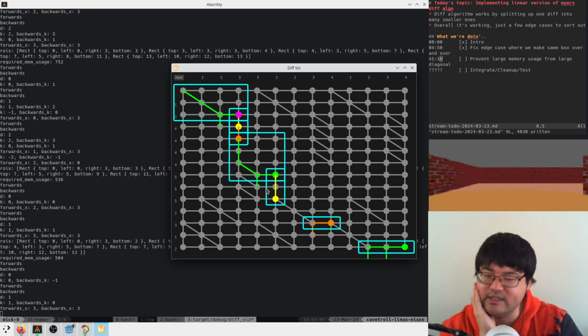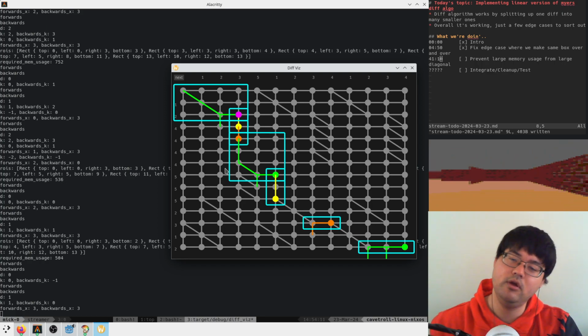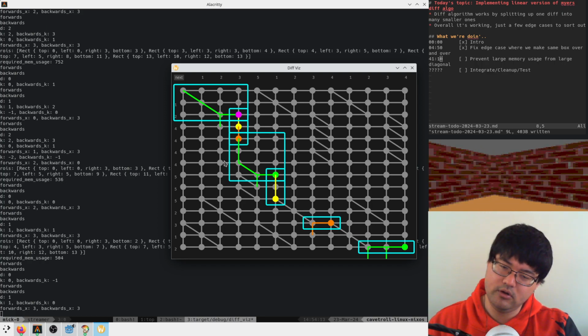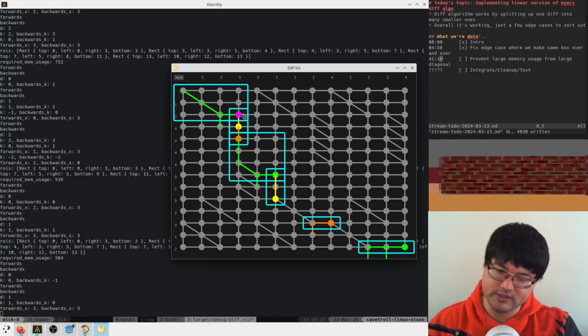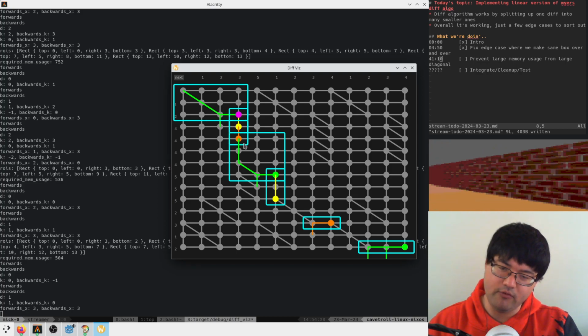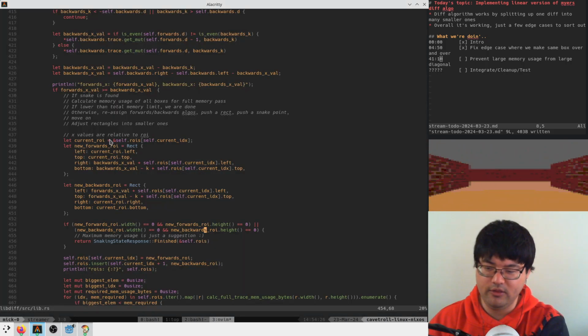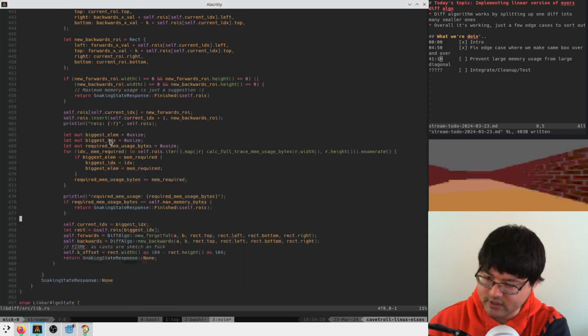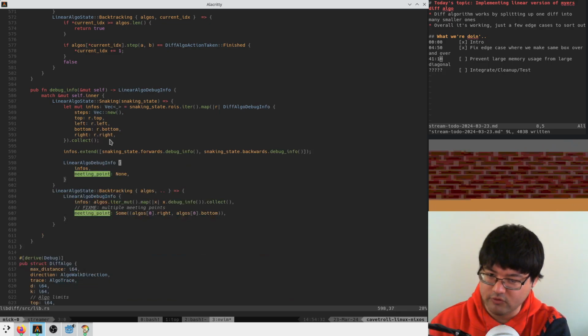We do need to see these lines here drawn somehow. And I would like to see this Y overlap fix itself as well. Okay, so let's start with the drawing of the diagonals here. So it's when we generate our debug info for drawing.